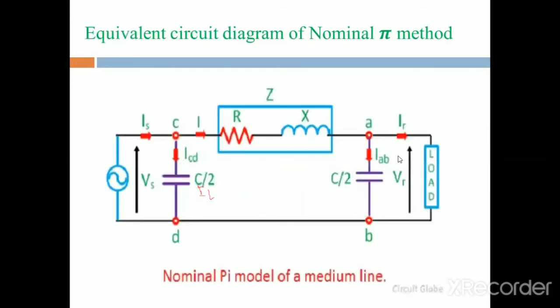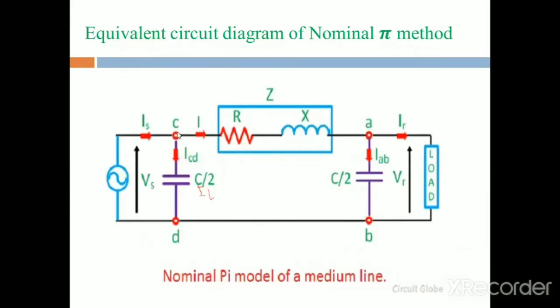Going to the equivalent circuit diagram, first we write the IS. IS is obtained by applying KCL at this junction point or node point C. What is the formula for KCL? KCL says entering currents will be equal to the leaving currents. What are the entering currents at point C?